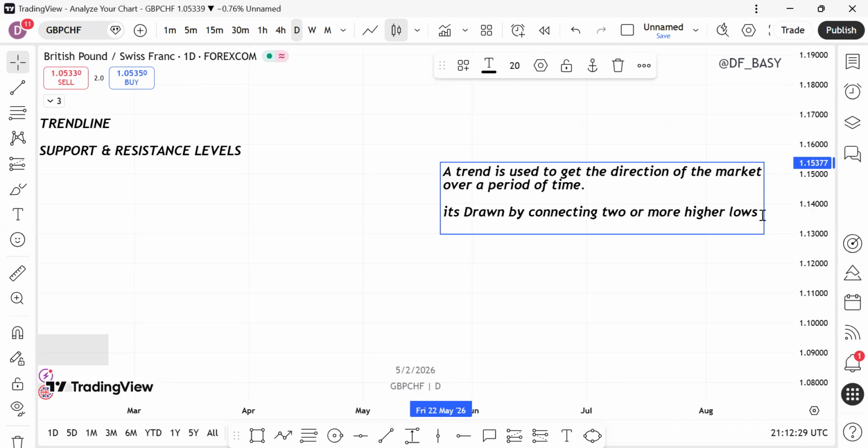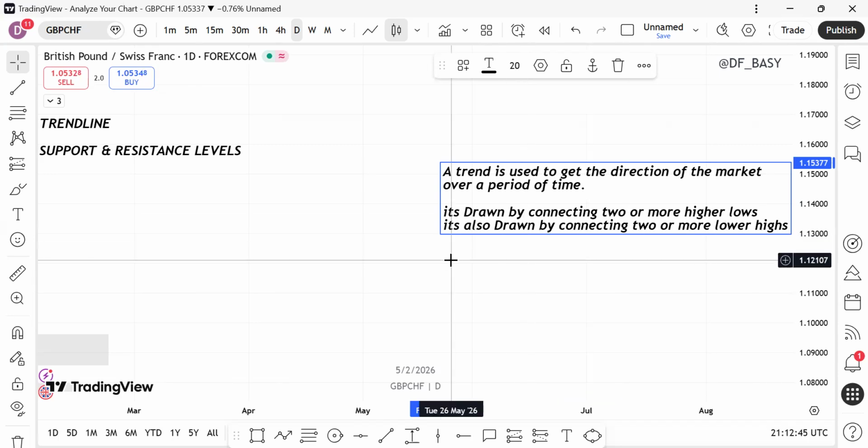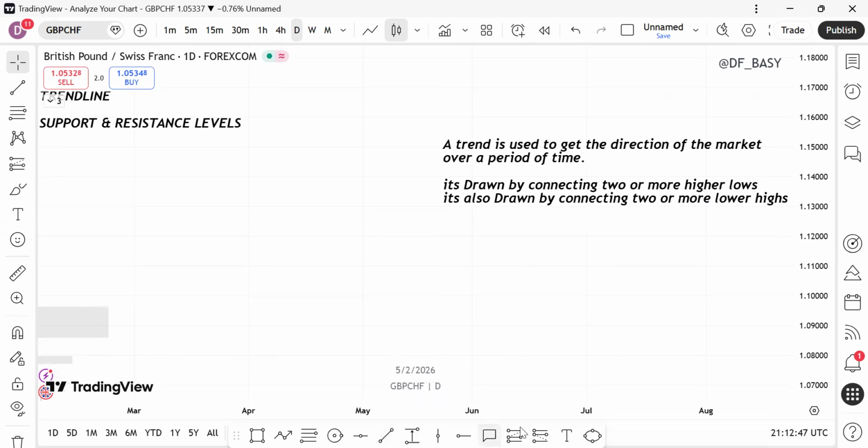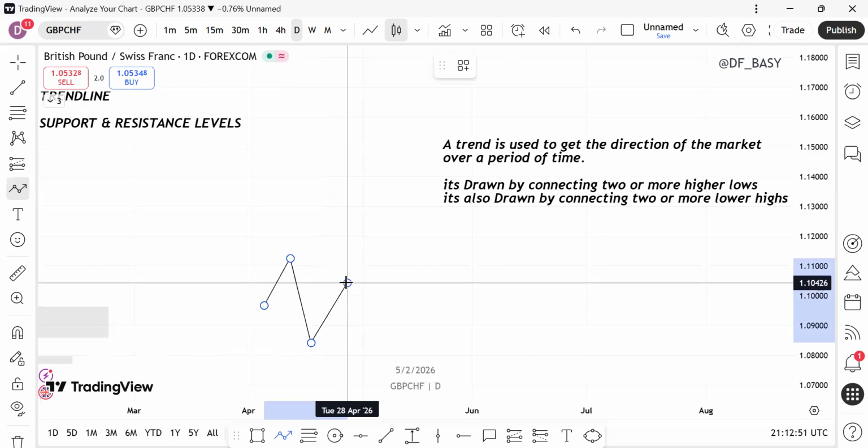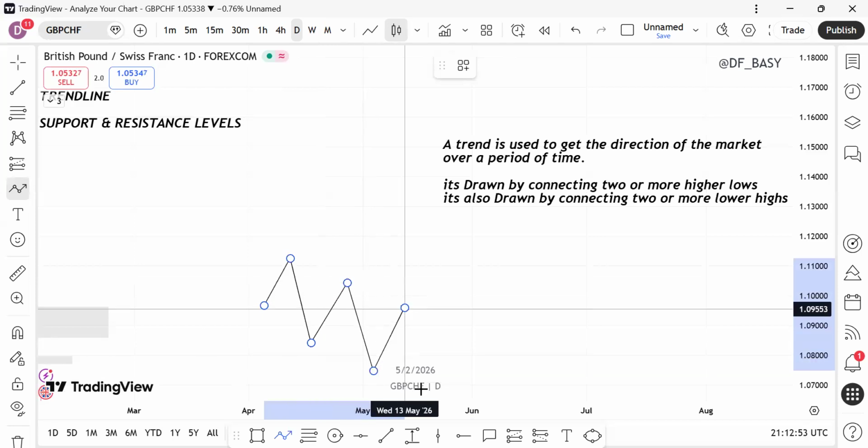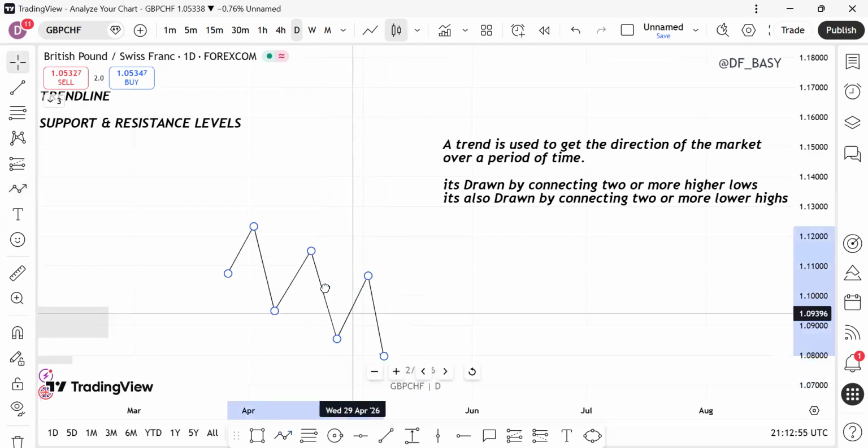let me put this here. So it's also drawn by connecting two or more lower highs. So now in this sense, if I showed you market structure, this is a downtrend, right?